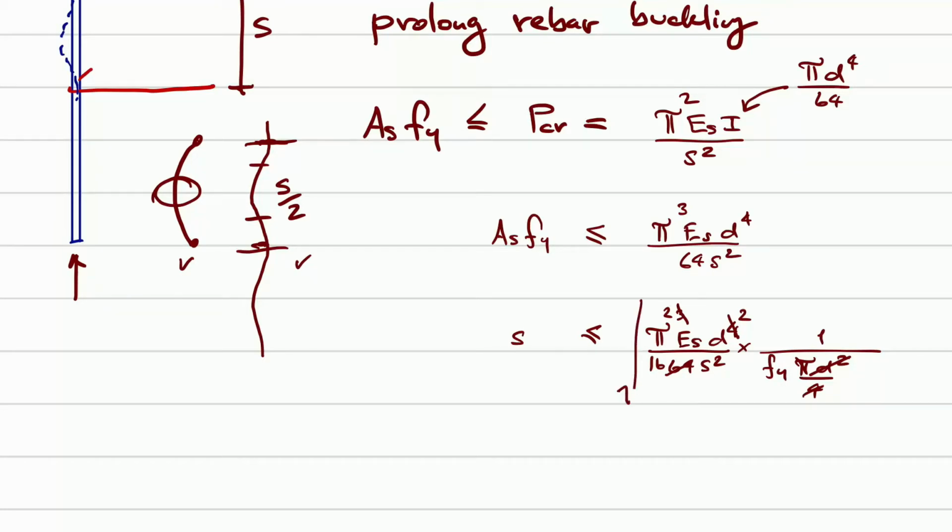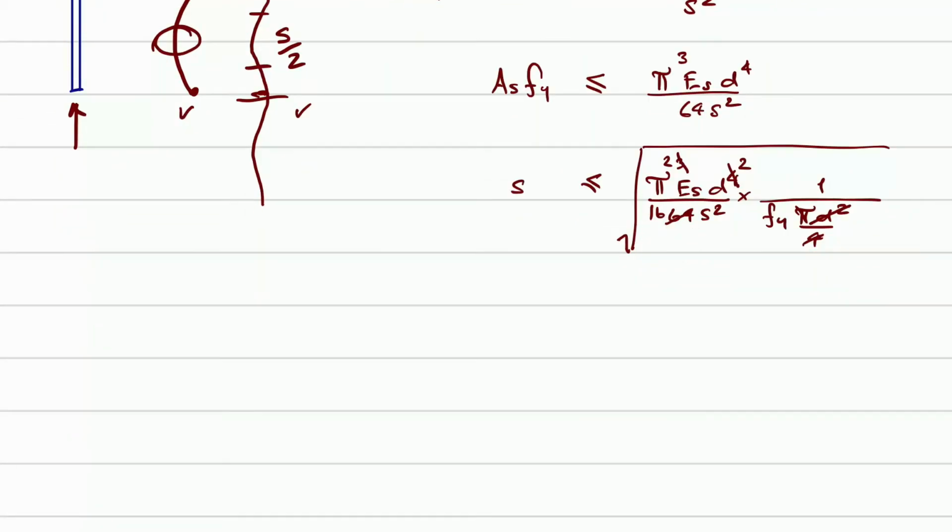The whole thing is in the square root. So this is less than pi square, we can bring it out to pi. 16 will be 4 inside Es. D was taken out to just 1, right?